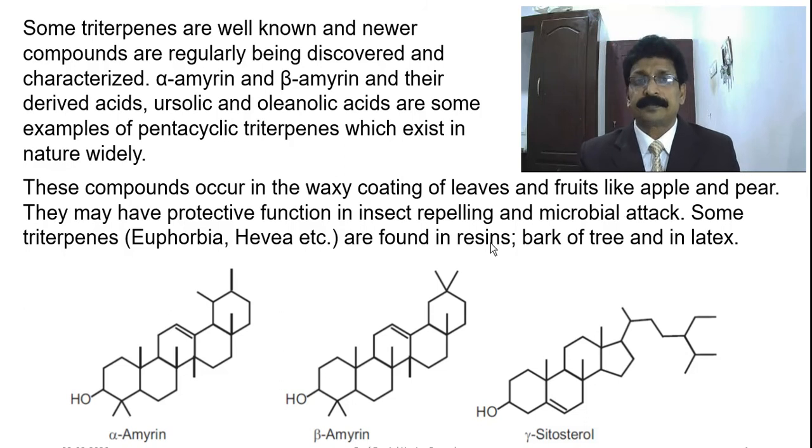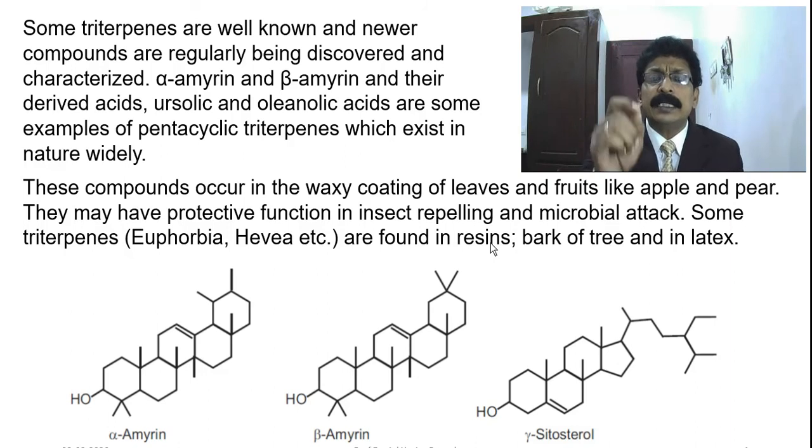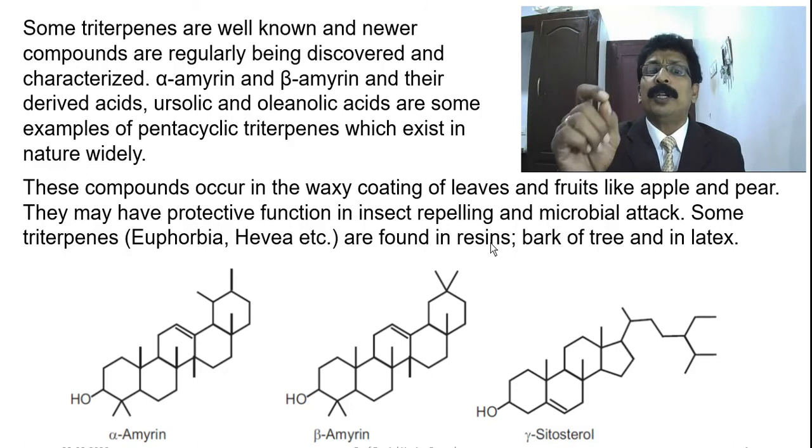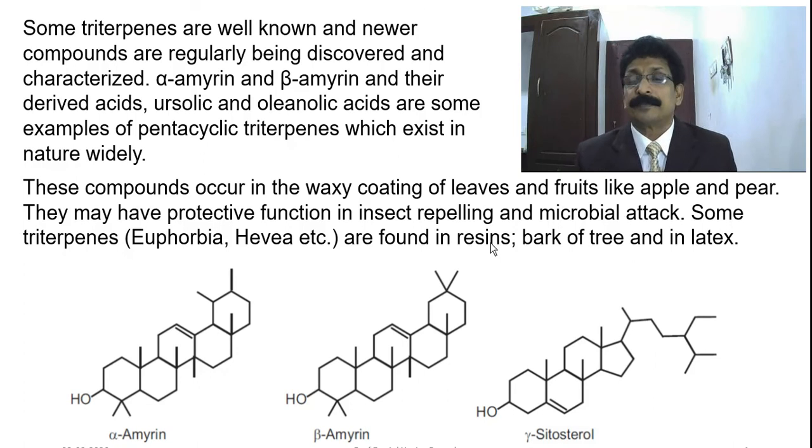So you see the alpha amyrin, beta amyrin, gamma sitosterol structure. In alpha amyrin and beta amyrin, you see there is a 3 phenanthrene ring structure. The 4th one and the 5th one are also 6-membered rings. The only difference is that the angular CH3 group has shifted from one position to another, between beta amyrin and alpha amyrin; the position differs but the formula is similar.